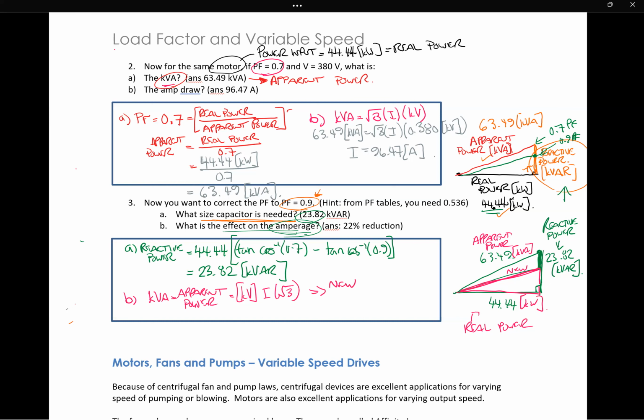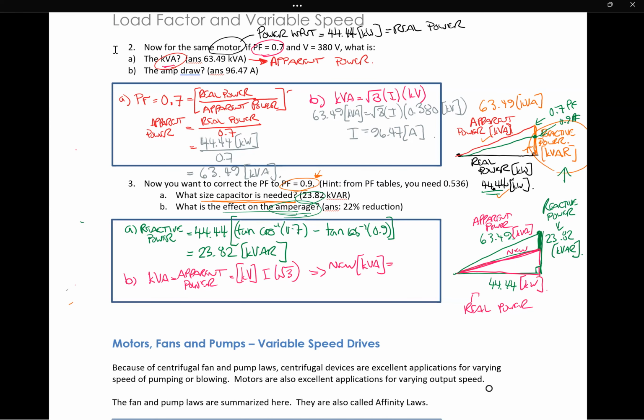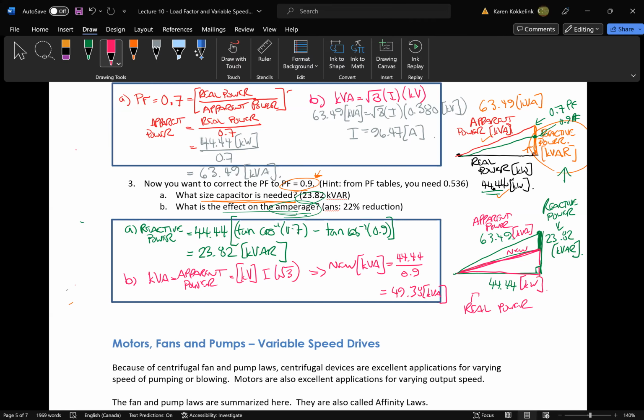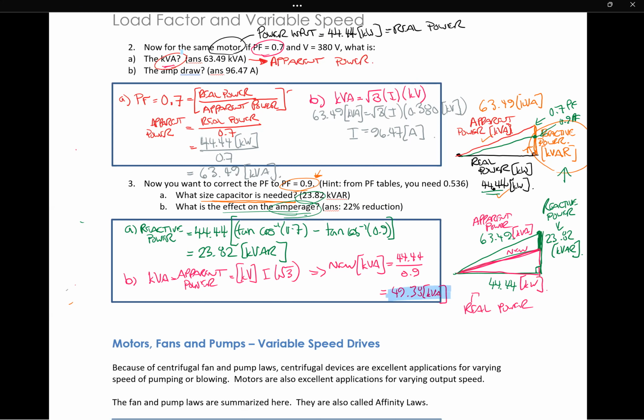My new kilovolt amps is going to be equal to 44.4 over 0.9, 49.38 kilovolt amps new. I'll just highlight it in here. This 49.38 is the new apparent power.